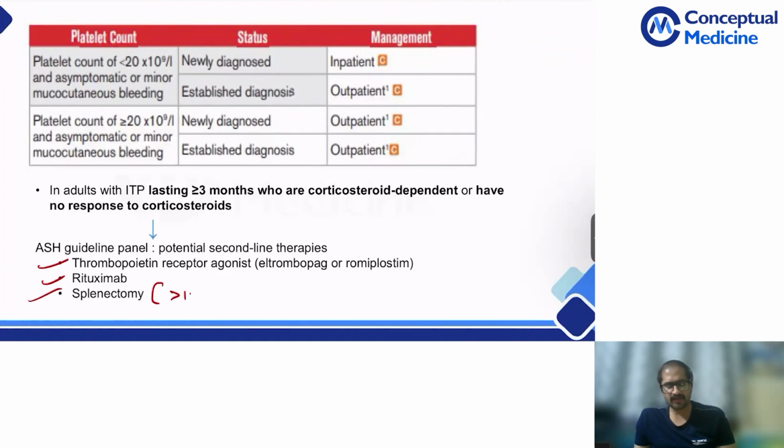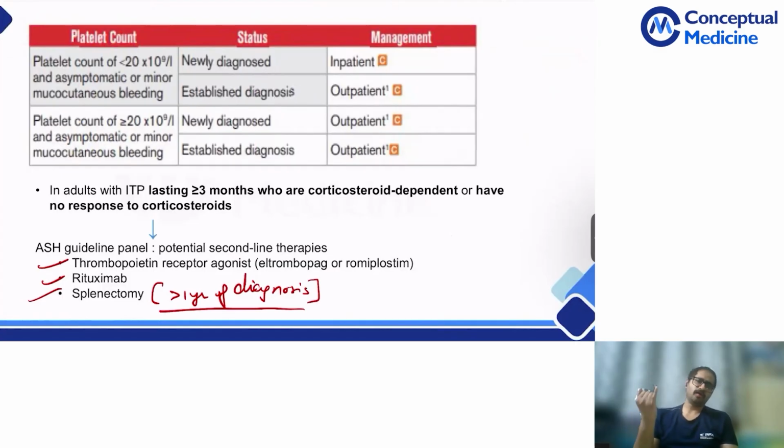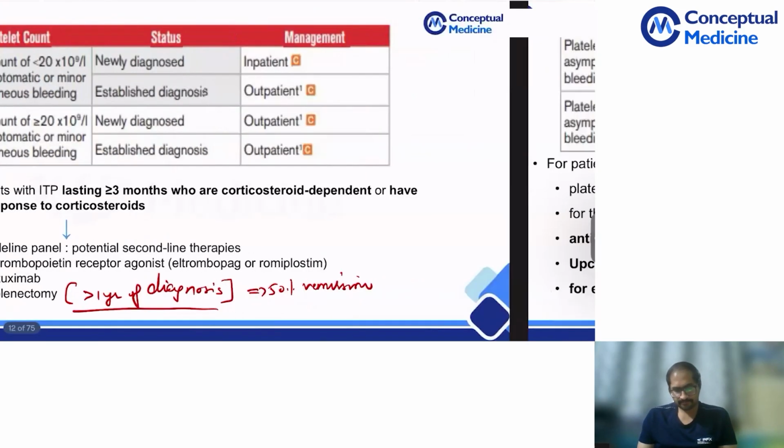Splenectomy is recommended only beyond 1 year of diagnosis. So at least after 12 months of chronic ITP, if the patient is refractory to steroid, IVIG, and second line therapy, then you go for splenectomy, because splenectomy can cause 50% remission in chronic ITP patients.